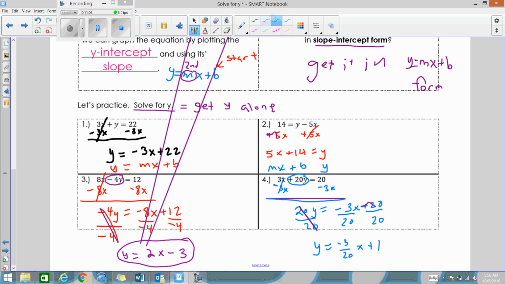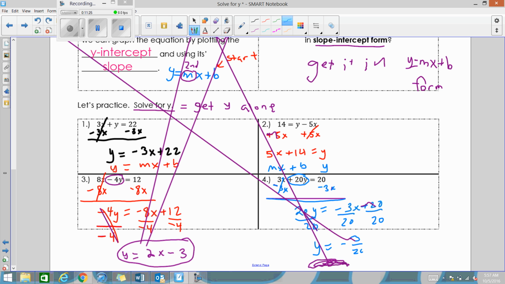So again, the whole point is to get it to look like y equals negative 3 over 20x plus 1. My computer is the worst computer in the world.